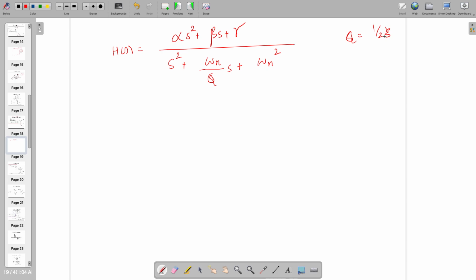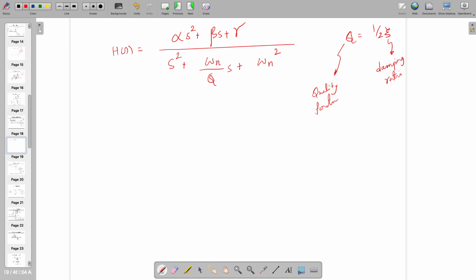In control, they don't use Q, they use zeta, which is known as the damping ratio, and in the rest of the places you will call this one the quality factor. But both are connected with this equation: Q is equal to 1 by 2 zeta, right?